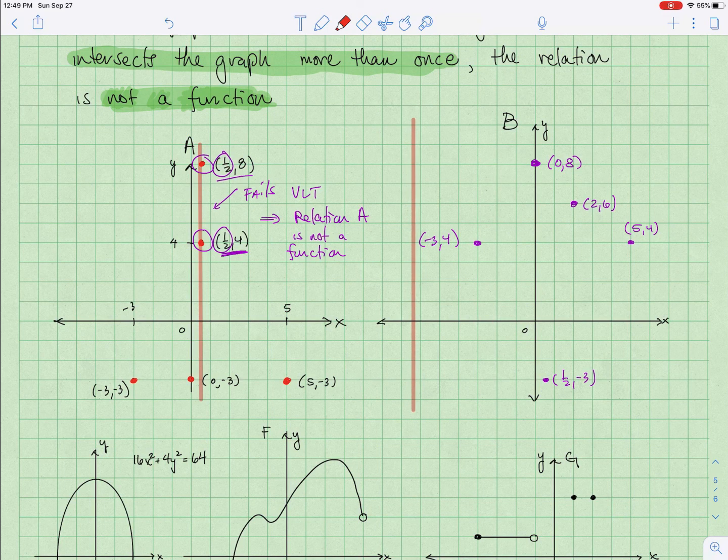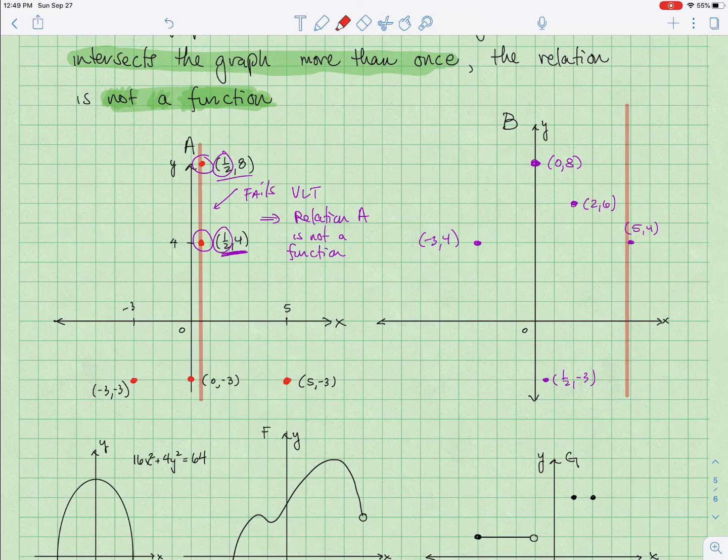Now, don't forget we've already worked on relationship B here a couple of times, but let's go from left to right. There's the first point we hit. That's okay. There's no other point. Then we hit our next point at 0, 8. That's okay. No other point. And then we get to 1/2, negative 3. No other point there. And then 2, 6. And then 5, 4.